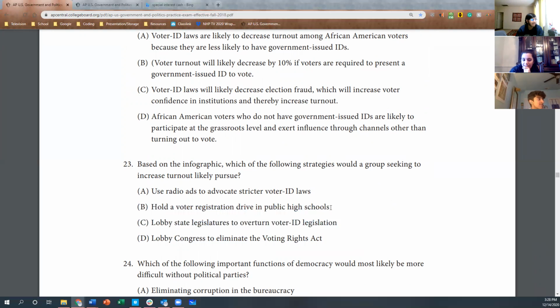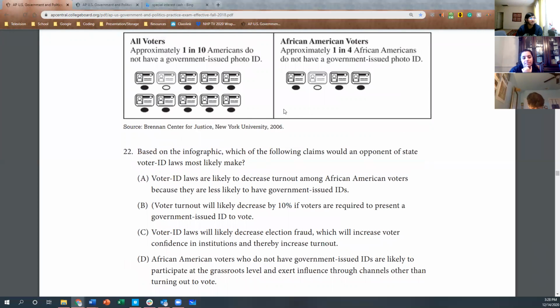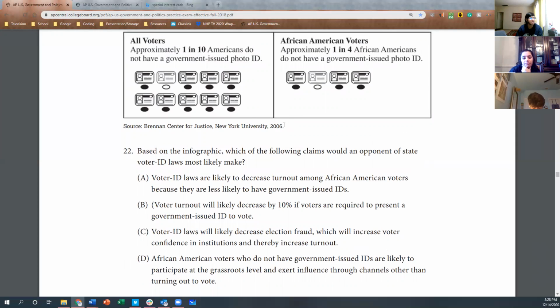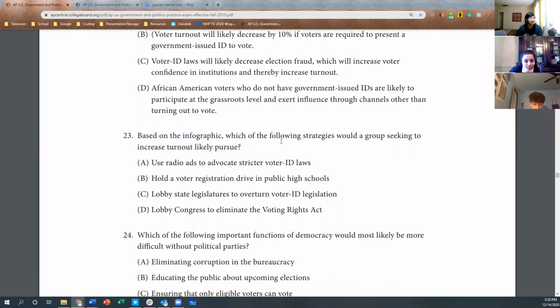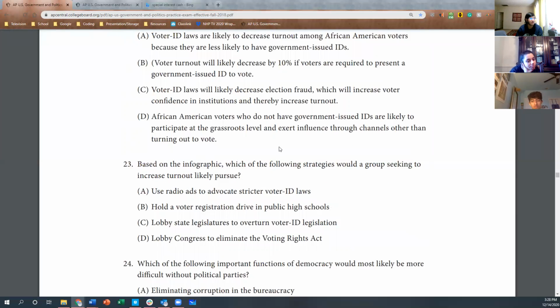I think B seems more doable than C. It just seems weird to lobby state legislators to overturn voter ID legislation. I'm leaning towards B. But it's based on the infographic though, right? So if it's referring to the infographic and asking about voter IDs in general, then what? Yeah, that's true.